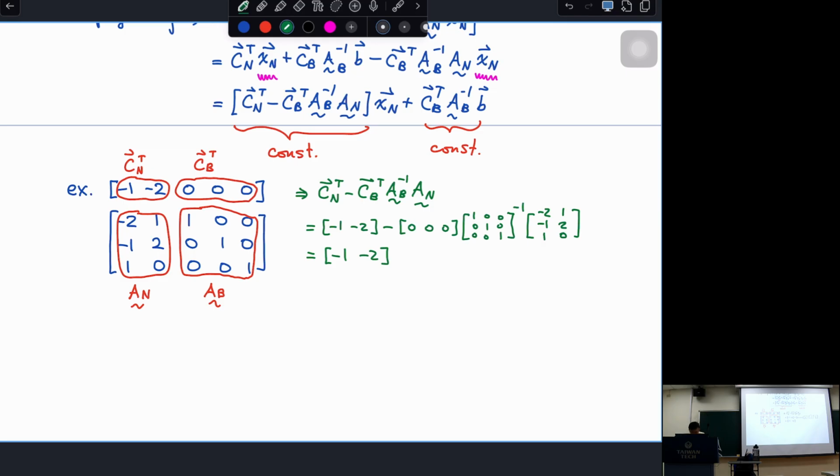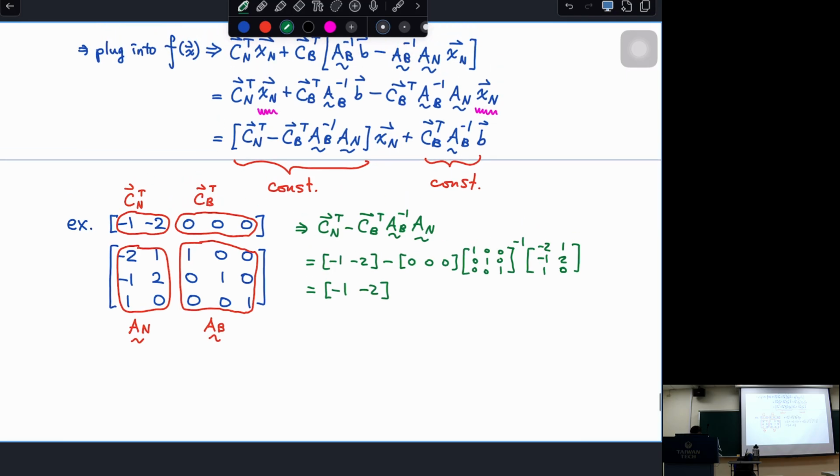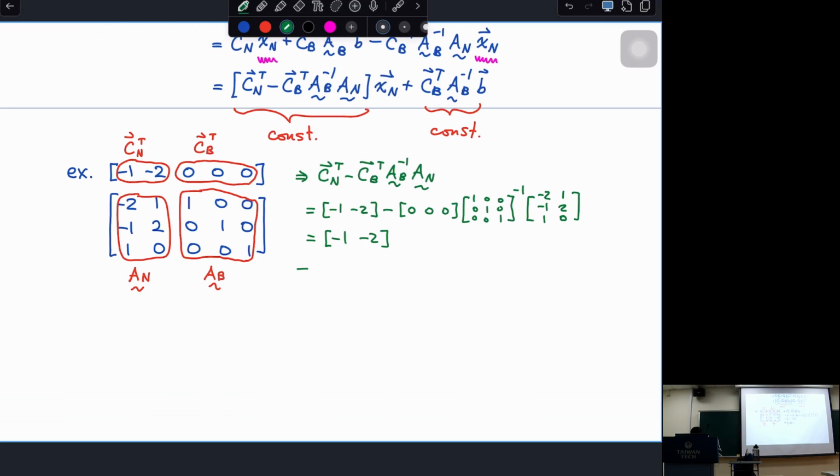Okay? So over here you realize your objective function actually is -1, -2 times your non-basic, which is x1 and x2, plus some coefficient in the end. We don't care right now. Okay, but initially, at the beginning, they are 0 initially. Right?